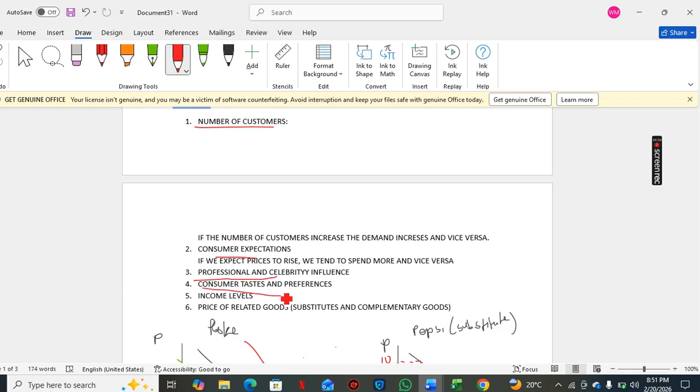Consumer tastes and preferences. If a good is trending, demand increases because since the good is trending, everyone wants it, so they are buying more of it. But once that trend stops, or maybe there's new technology or a new product that is better, like how the videotapes and the VHS have been removed because the technology has advanced.